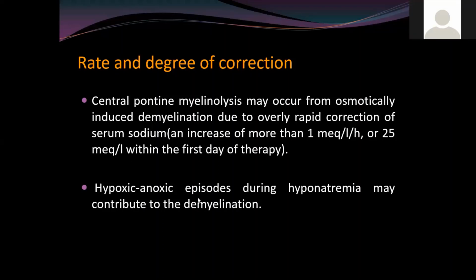Hypoxic-anoxic episodes during hyponatremia may also contribute to the demyelination. So this is very important. Again, you must remember that hyponatremia should be corrected very slowly, not more than 1 milliequivalent per liter per hour, even less.